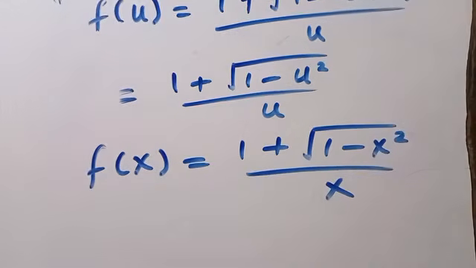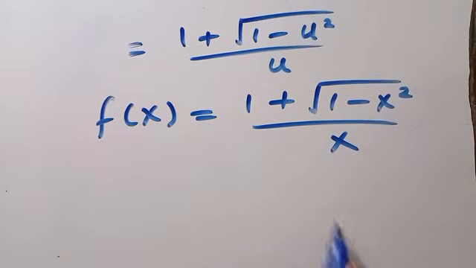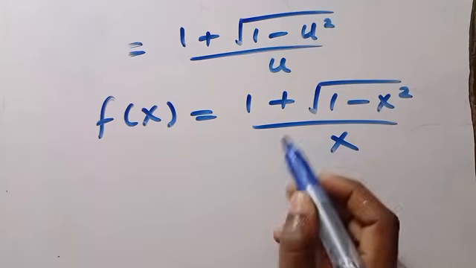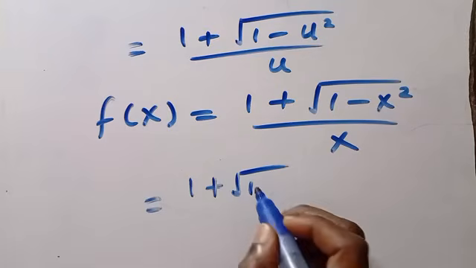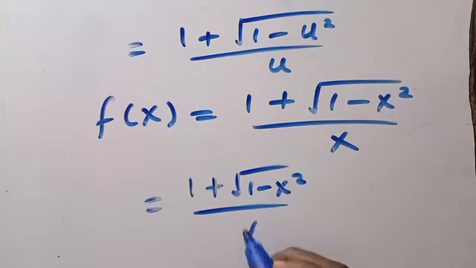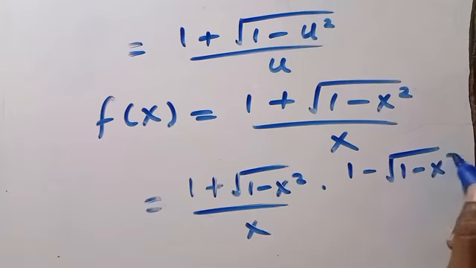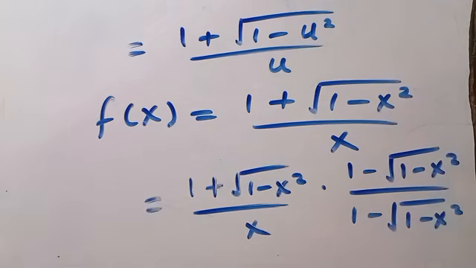What we are going to do is, I don't want to see this x in the denominator, so we try to rationalize this. We rationalize the numerator by multiplying everything by 1 plus root of 1 minus x squared divided by 1 plus root of 1 minus x squared.